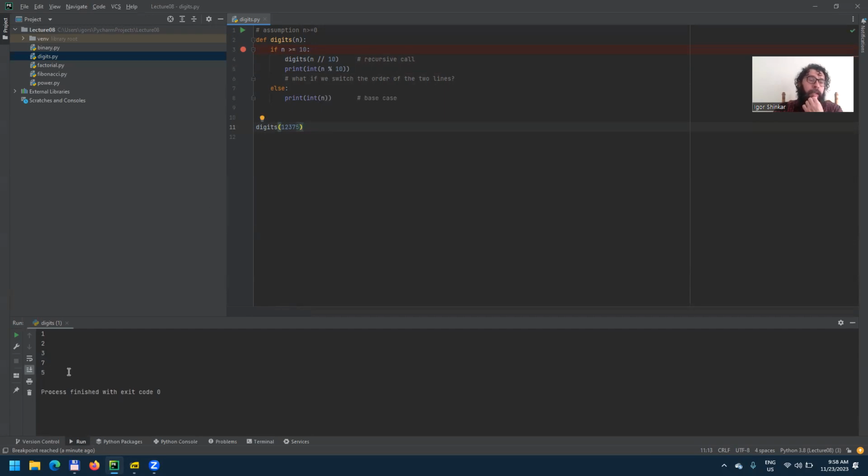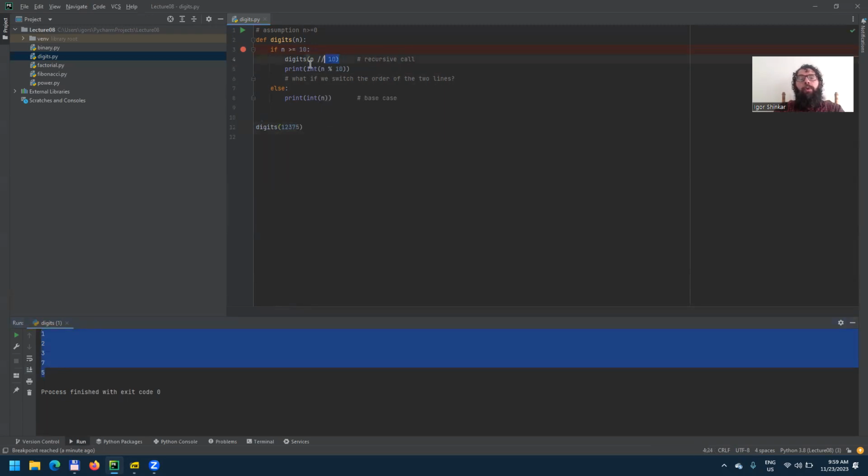So what it does, it prints the digits, but now from left to right. And the reason is, first it prints all digits except for the units, and then this one prints the units. So the order says first print all the digits except for units and then print the units digit.